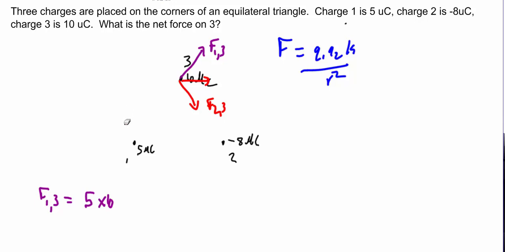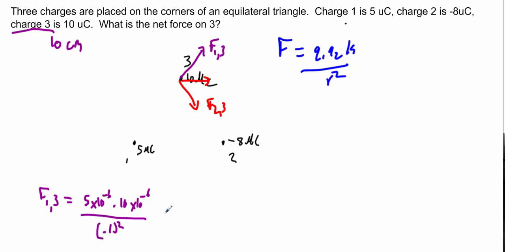So really what I have is 5 times 10 to the negative 6 times 10 times 10 to the negative 6 divided by the distance between them squared. Oh, and I forgot to tell you that this equilateral triangle is 10 centimeters per side. So the distance between them is 0.1 meters, and if I square that, that's 0.1 squared, and then I multiply by k, 9 times 10 to the ninth.